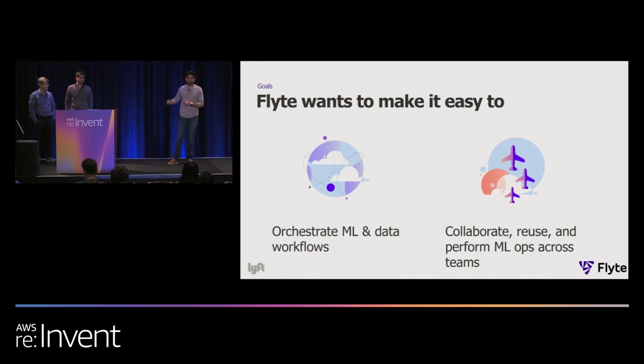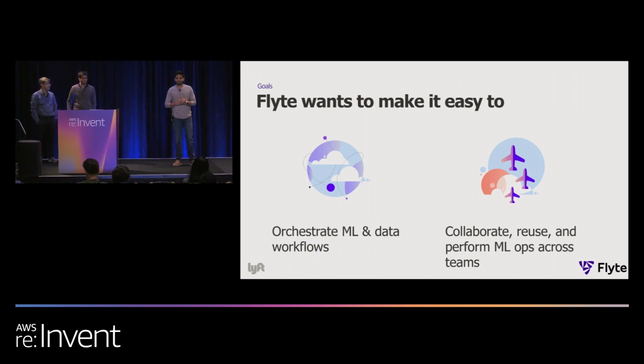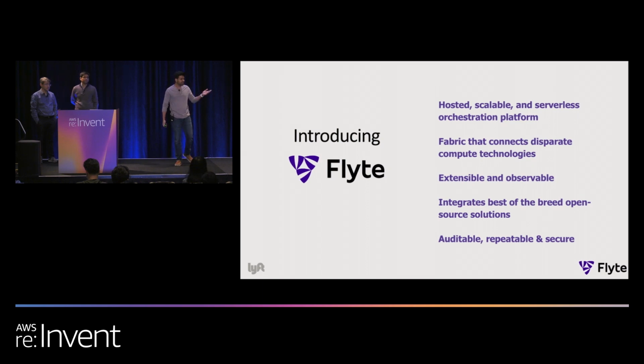He's a Spark expert, he built some Spark process that takes our ride information and chops it in a way that's useful to build certain models. Let's reuse that process. To do that, and I think commonly this is called MLOps in the world now, we wanted to make sure that we are able to collaborate, reuse, and perform MLOps effectively within the company. So with this, I'll introduce Flyte.